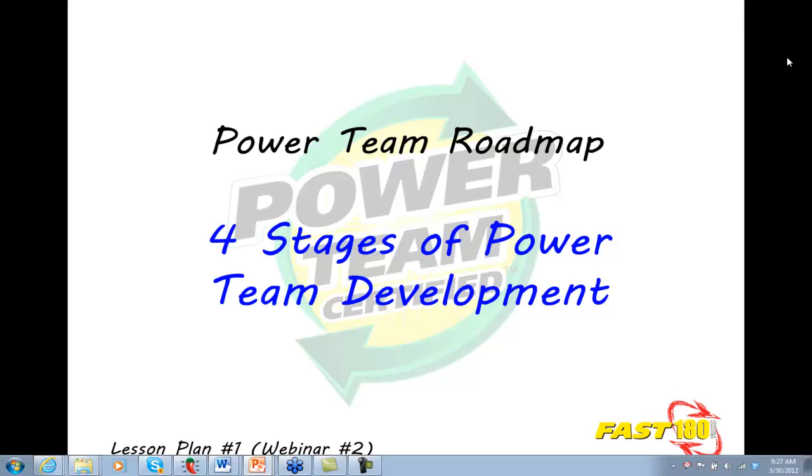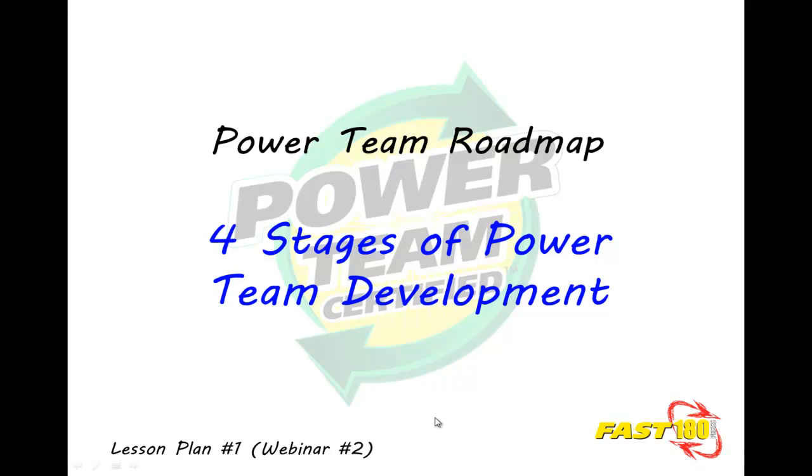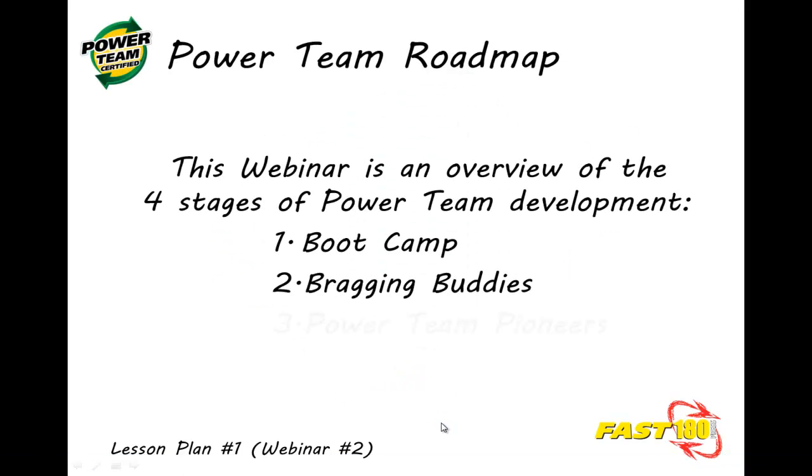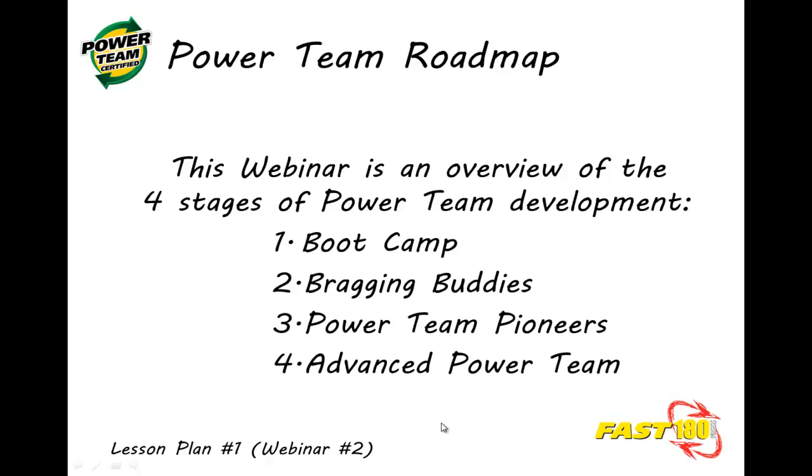So, unfortunately, what has happened around the world with power teams is that a group of people, typically from 4 to 8 people in a chapter, decide they want to form a power team, and they get together and they're all excited, they have ideas, they're not sure what to do, and they get together for a meeting and they talk about, well, let's make a commitment to create referrals for each other.